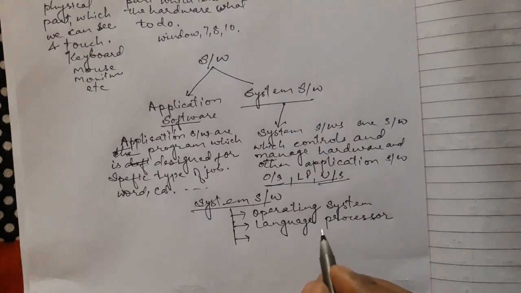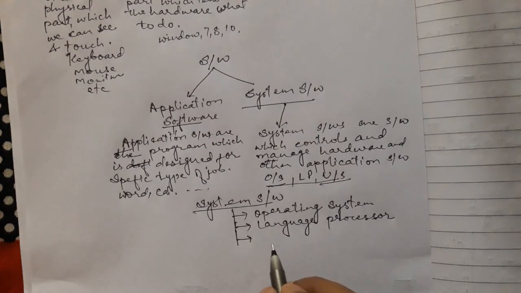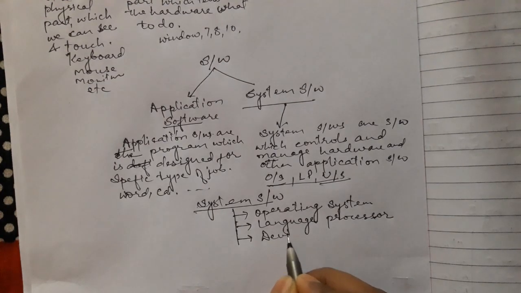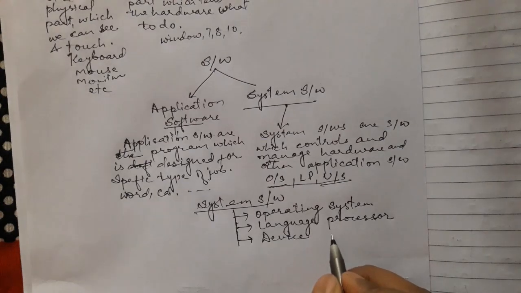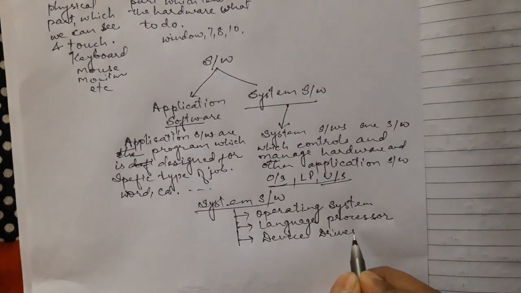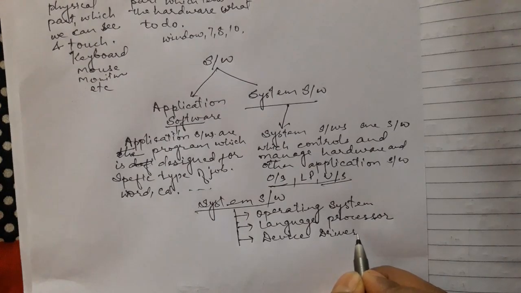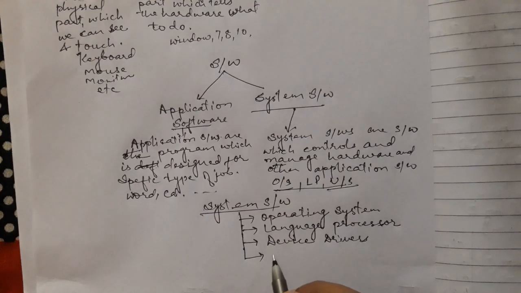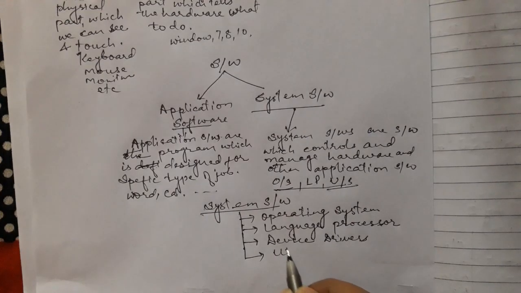The language processor types are interpreter and compiler, which we are going to discuss in further classes. And the next one is device driver. It helps in accessing different devices like mouse, keyboard, etc. And the fourth one is utility software.